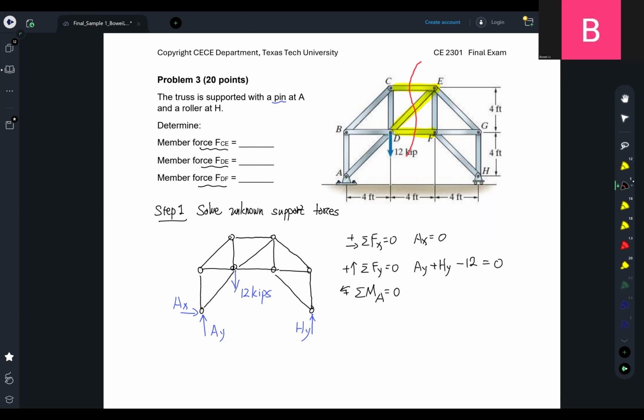So if we take the summation of moment about A, which forces will contribute?